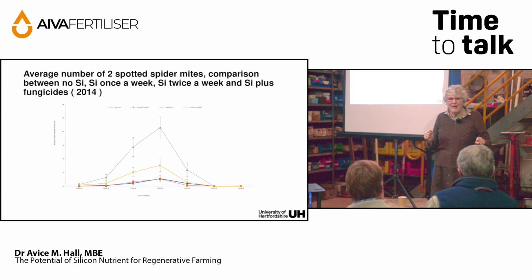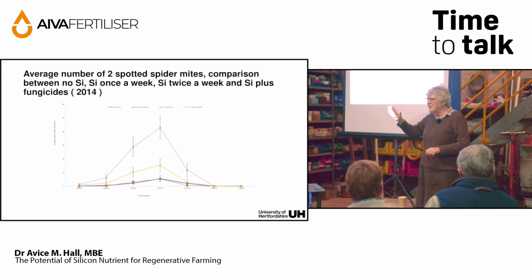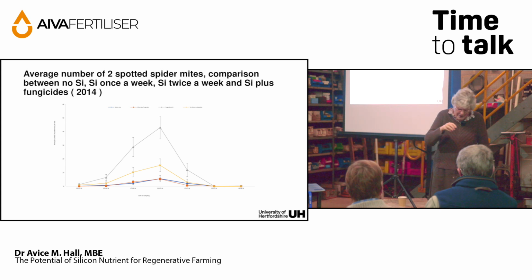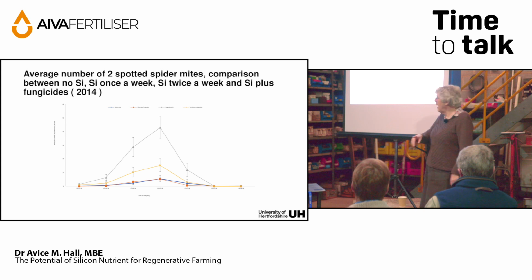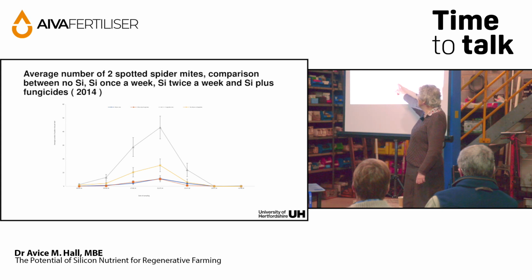But actually, if you're having to use fungicides to control your strawberry powdery mildew, then you are preventing your biocontrol working. But with the silicon nutrient and no fungicide, you still got control of the two-spotted spider mites.